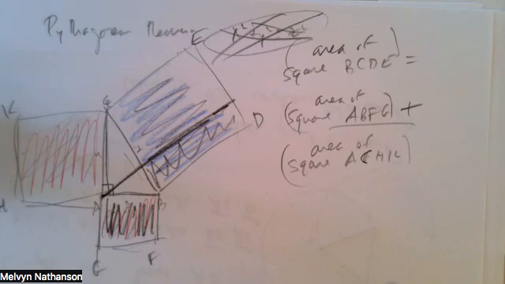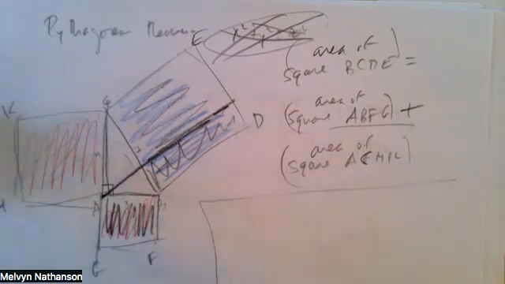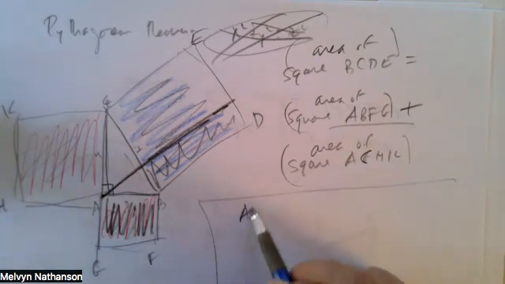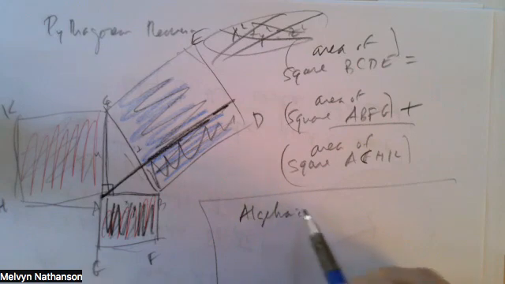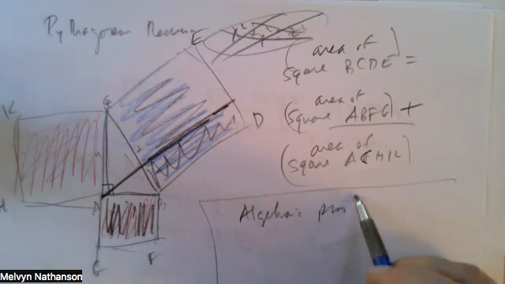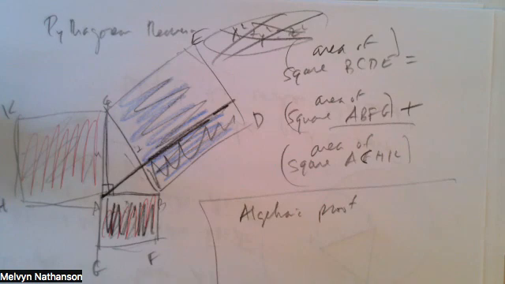There are many, many different proofs of the Pythagorean theorem. Just for fun, let me show you an algebraic proof using formulas that we have for the area of a square, a rectangle, and a triangle.